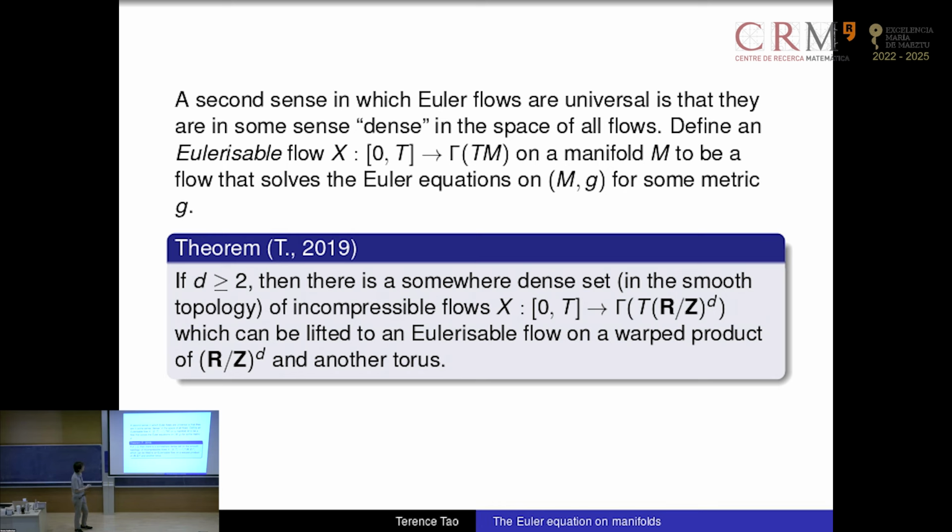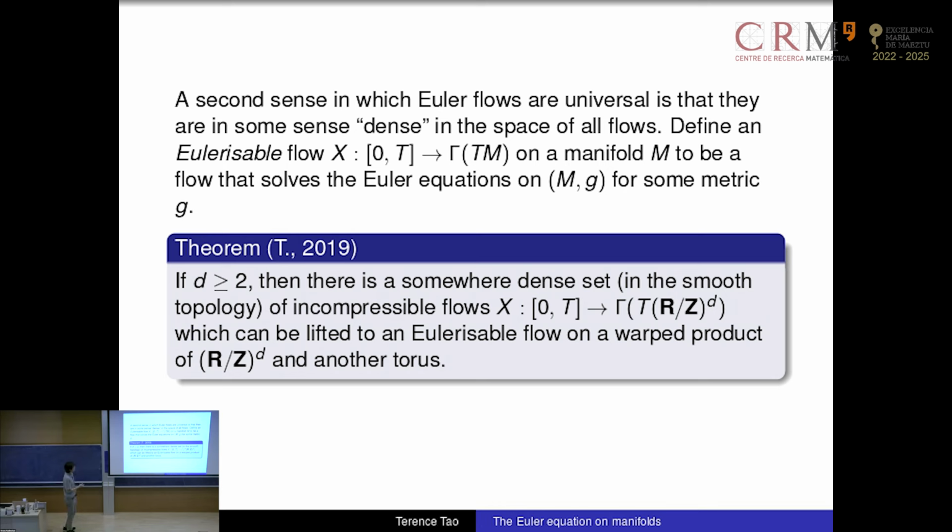I showed that among all smooth flows on a torus, there is a dense set, or somewhere dense at least, and now it's actually known to be everywhere dense, of flows which you can embed into an Euler flow on some manifold, but the manifold depends on what the flow is.